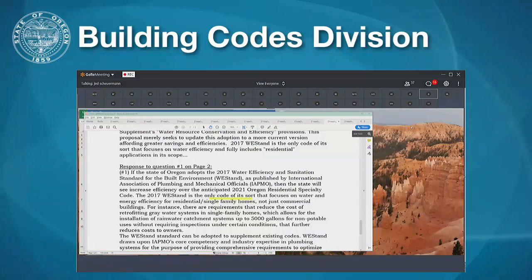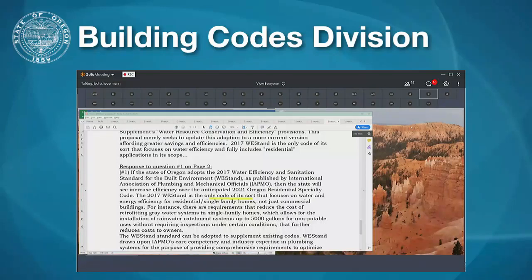The way the evolution of the code works is a lot of times the WeStand provisions are brought forward as code change proposals into the body of the main plumbing code at the next cycle. So the WeStand is a cutting edge document that brings in all the latest technological advancements for water conservation and so forth. Since the Oregon Plumbing Code is already based on the Uniform Code, the WeStand is a natural place to increase water efficiency for any reach type code.